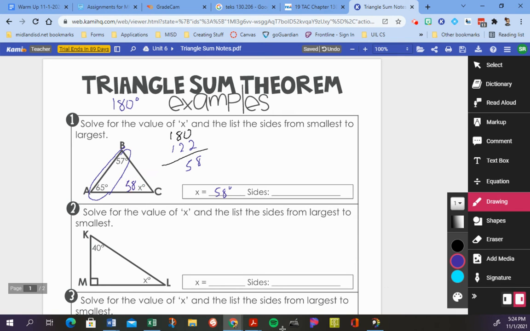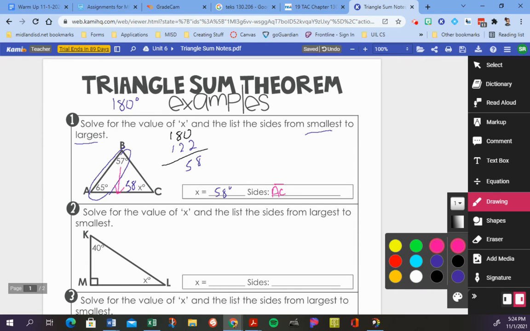So then we put 58 right here. And it's saying, okay, the sides, we're going from smallest to largest. We'll find the smallest angle. That's angle B. And we're going to go across from it. The smallest side is AC. And then we find the middle side. The one that's in the middle is 58, the one we just found.